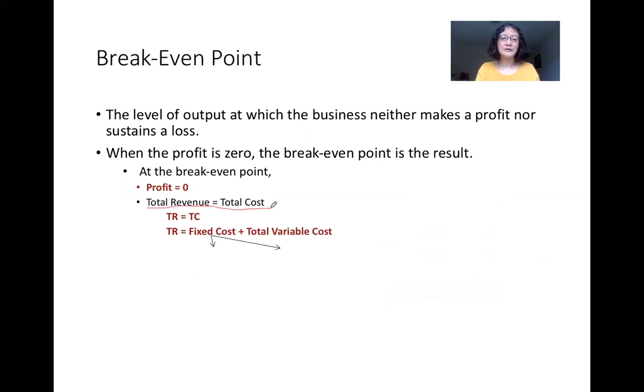When total revenue equal to total cost, you can solve for how many units you need to produce so that profit equal to 0, or total revenue equal to total cost.